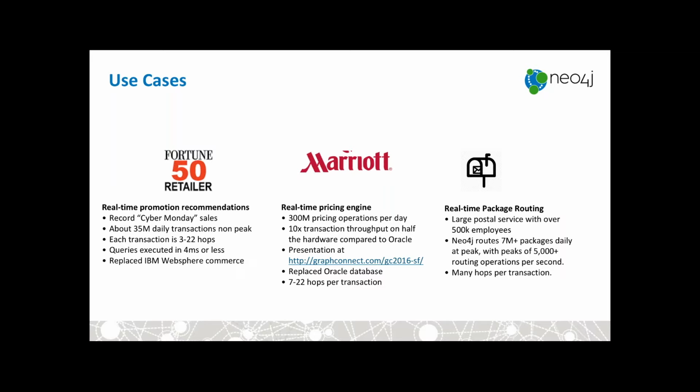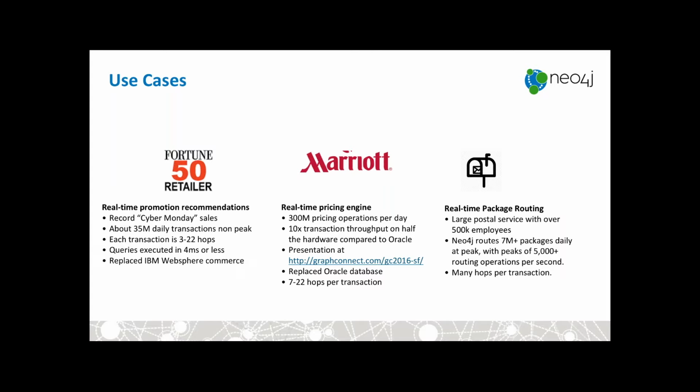Marriott, the famous hotel chain, performed 300 million pricing operations per day. Pricing, of course, is a very, very sophisticated dependency graph, and they can get about 10 times the transaction volume on about half the hardware compared to relational. A really nice presentation from GraphConnect on that from 2016.